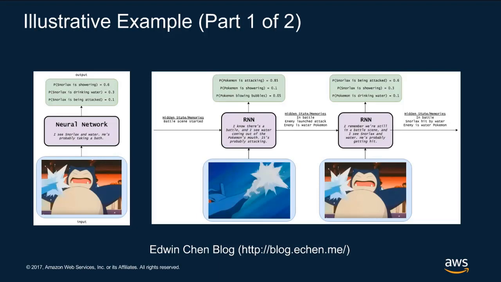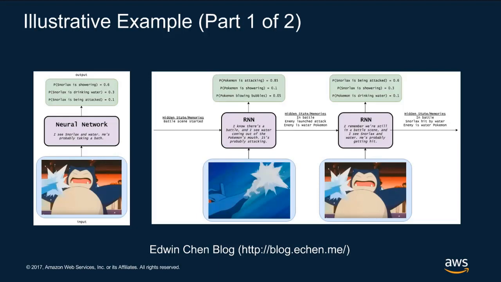And in this context, you know that there's a battle scene. You see water coming out of this Pokemon's mouth, and it is probably attacking in this case. That is the assessment you make, and with that assessment, you know that there's an 85% probability that that is happening. That's what your model outputs.